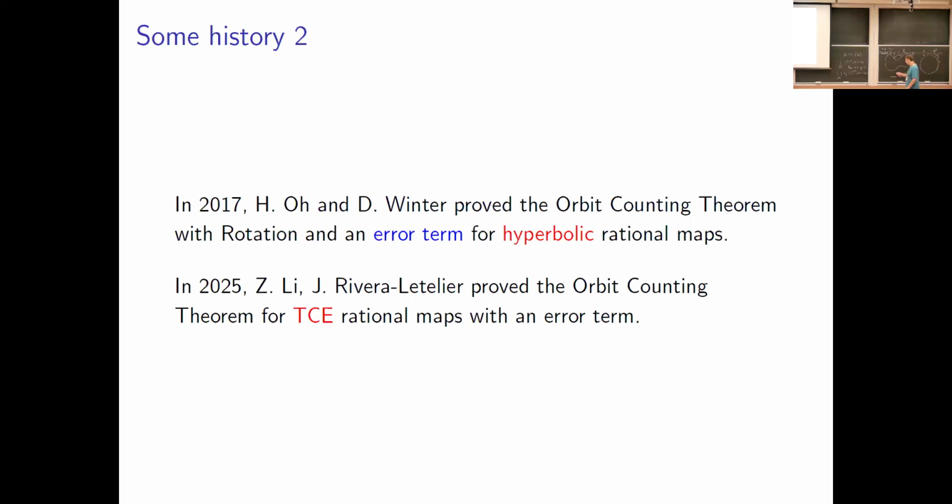Quite recently, Lee and Rivera-Letelier extended the Oh-Pollicott result to TCE rational maps, which could be quite irregular. So this is truly a fantastic result. This relies on the meromorphic extension and on the Dolgopyat machinery, which is very technical, and Lee is an expert.